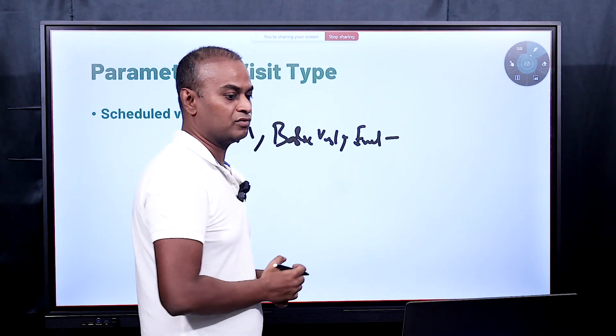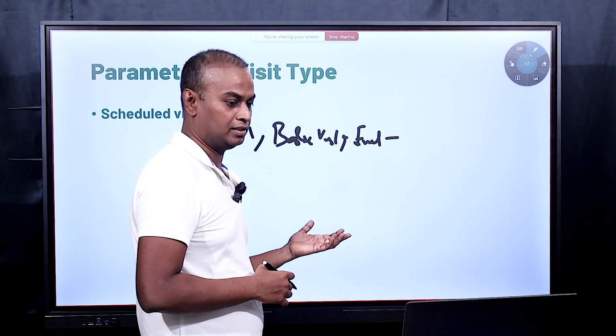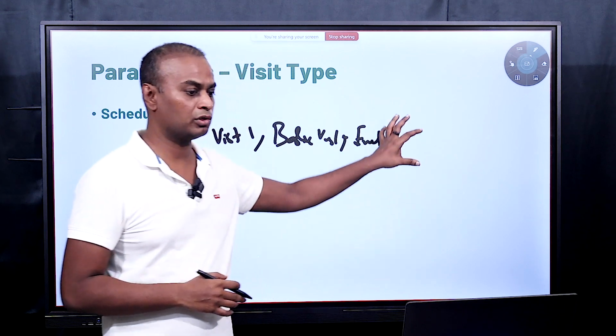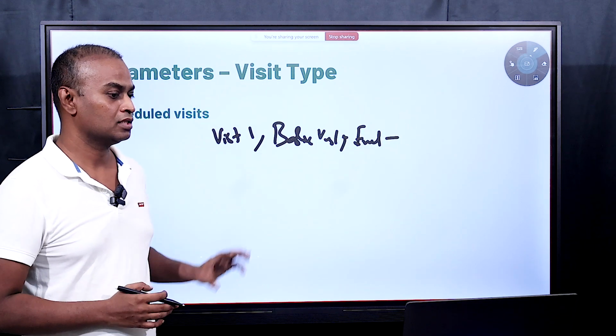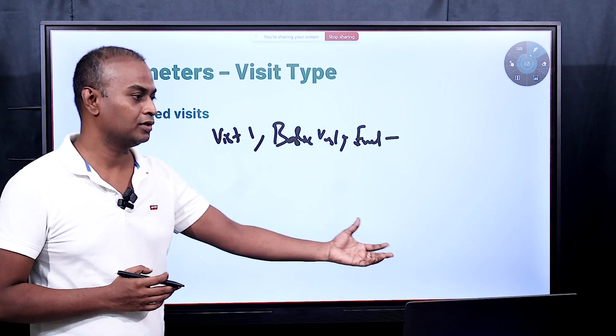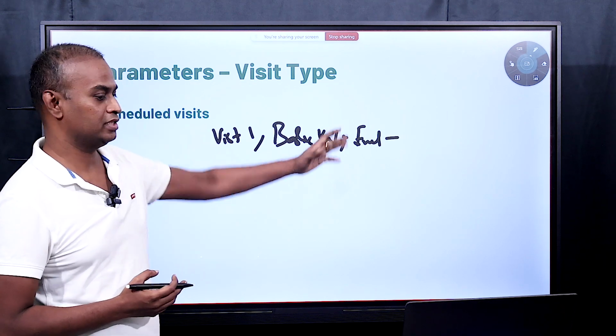What are all the visit types we have? Pre-screening, screening, run-in. We have seen all the visit types, right? Any visit type that is coming in the drop down can be mapped to this visit name. The second one is visit type. So mapping the client name to our system's actual functionality, that is visit type.